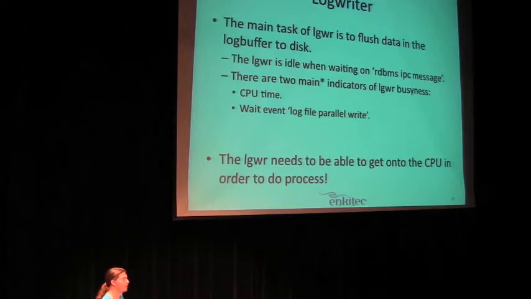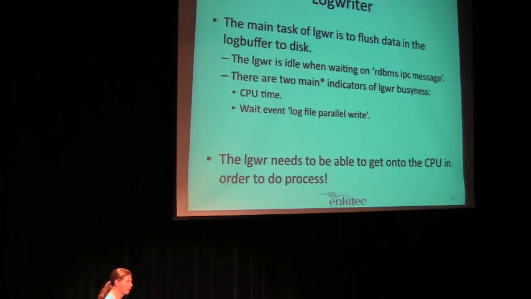Another very important thing, especially with consolidation, which seems to happen everywhere nowadays: the log writer is a Unix/Linux process, and the only way it can write or do anything is to get onto the CPU.